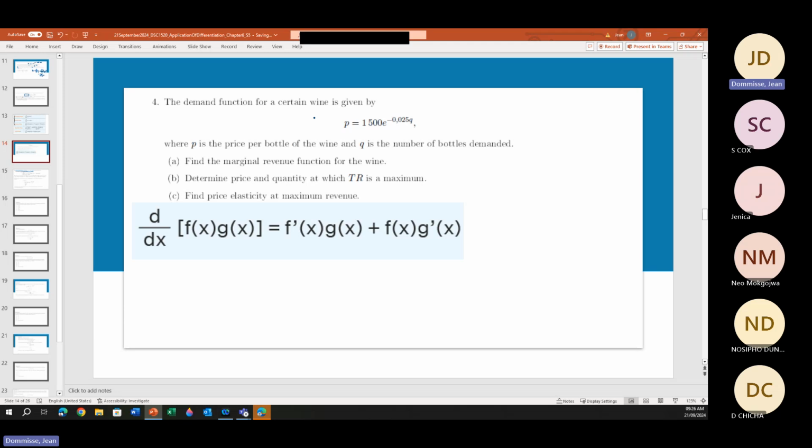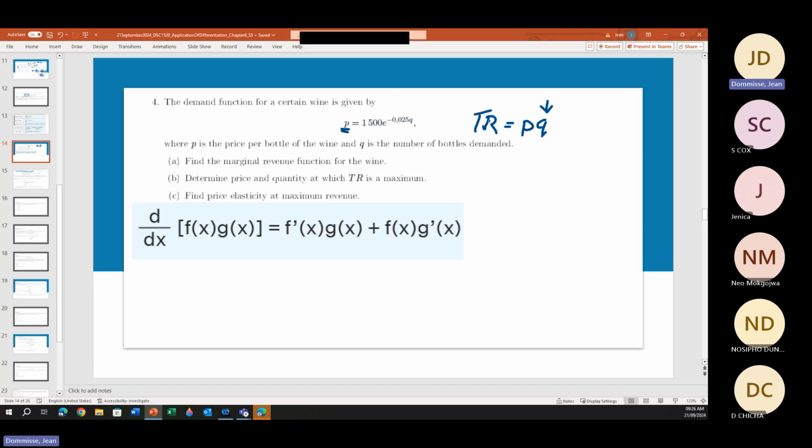So if you look at that, we've got the demand function, but for total revenue, remember that is P times Q. So we don't forget the Q. We can't just take this and work out the marginal revenue on this.